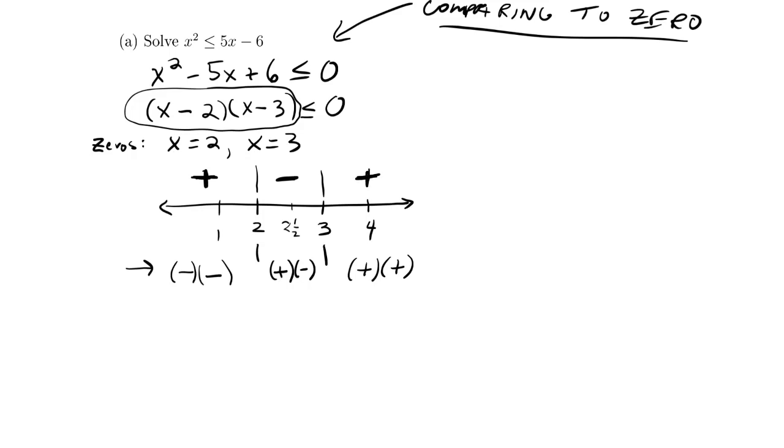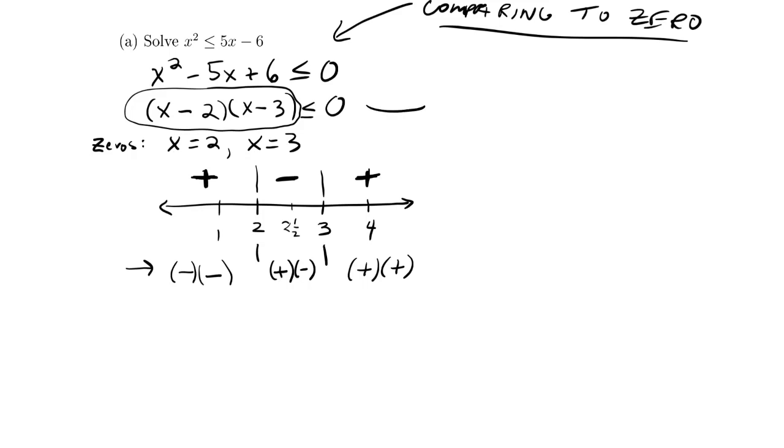Together, that's a positive. All right, so now I know what the left-hand side looks like as far as positive or negative in every interval. Now I'm just going to pick the ones that I want.